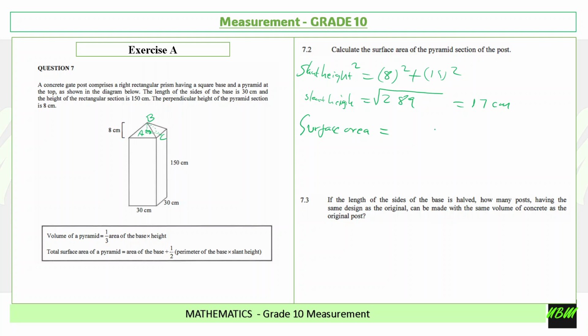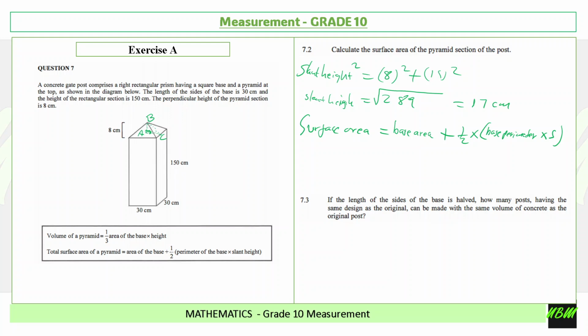The surface area of a pyramid is given by base area plus a half multiplied by base perimeter multiplied by slant height. I'll just use small letter s to represent slant height. This is the formula that we're given here.